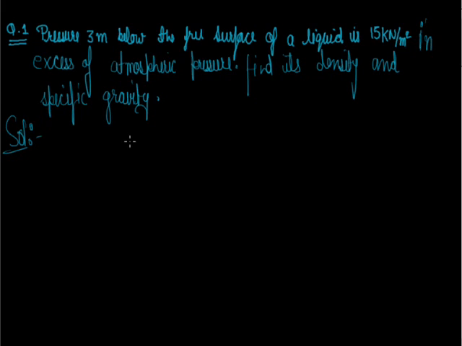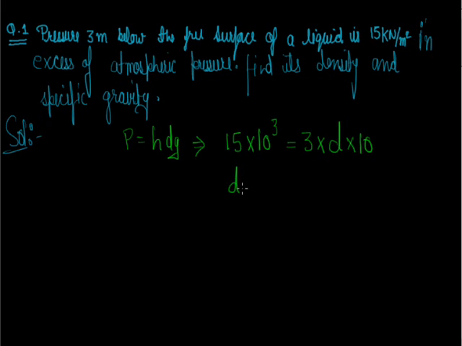kilonewton per meter square. It means pressure is given, height is given, and as we know by the formula of pressure in terms of height, P equals h d g, which is given 15 kilonewton, means 15,000, equals h is 3, d we have to find out, and g can be taken as 10, so density will be 15 into 10 raised to power 3 upon 30.